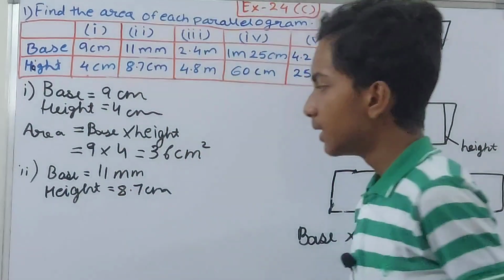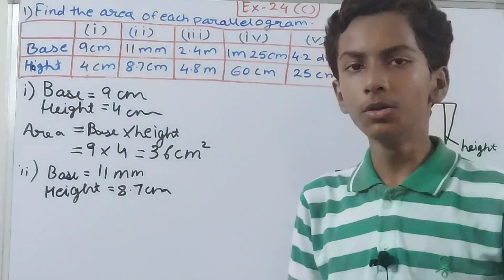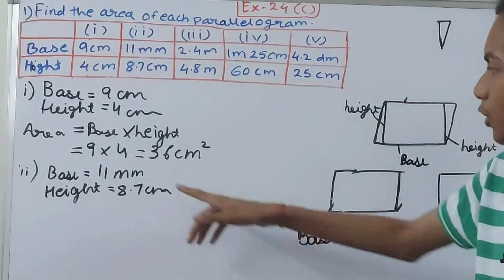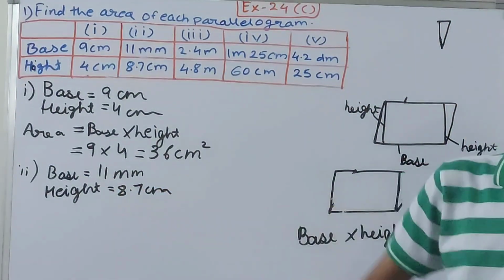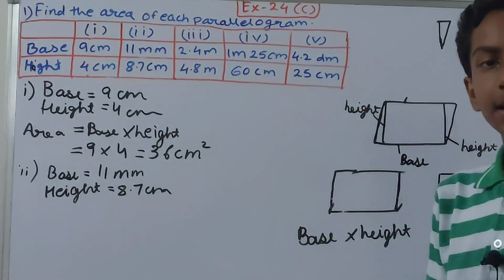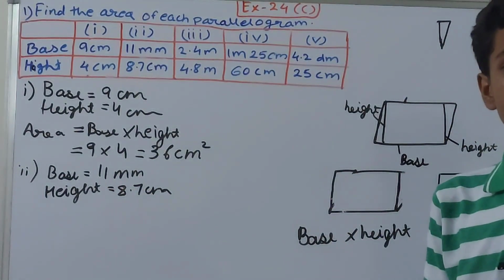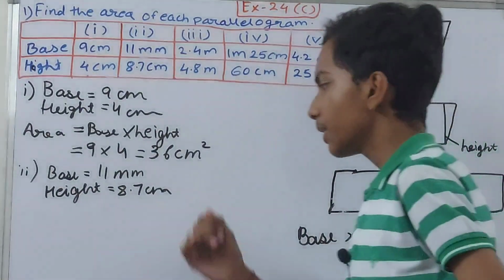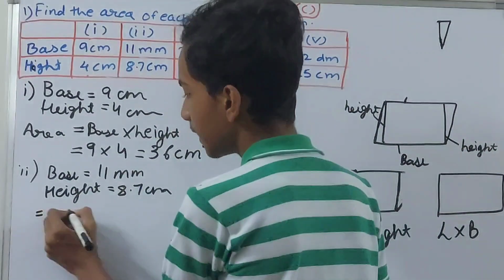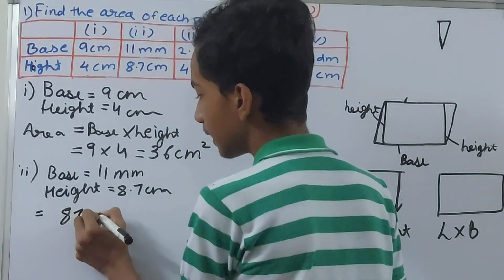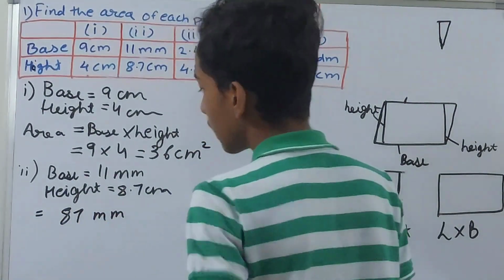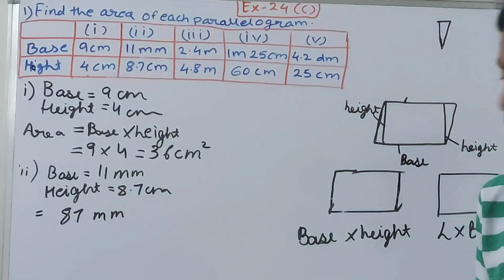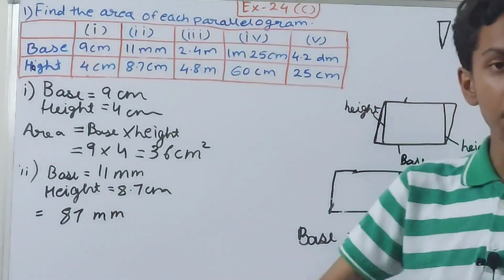See here the units are not the same, so we have to convert the units. We know that 1 centimeter has 10 millimeters, 8 centimeters will have 80 millimeters, and 0.7 centimeter is 7 millimeters. You can convert it using a formula, but I am doing it directly so that a lot of time gets saved. So this is 87 millimeters.